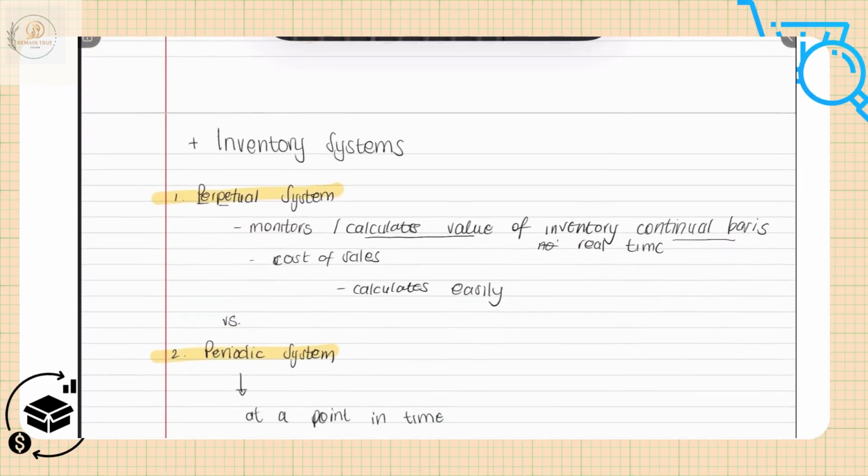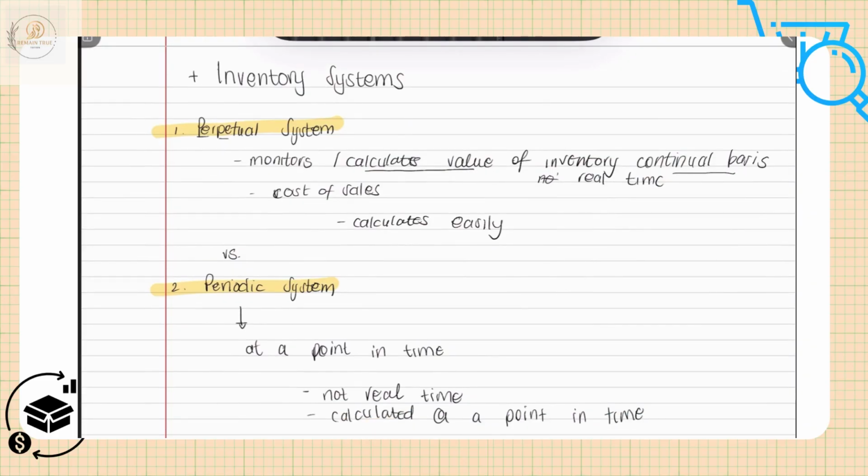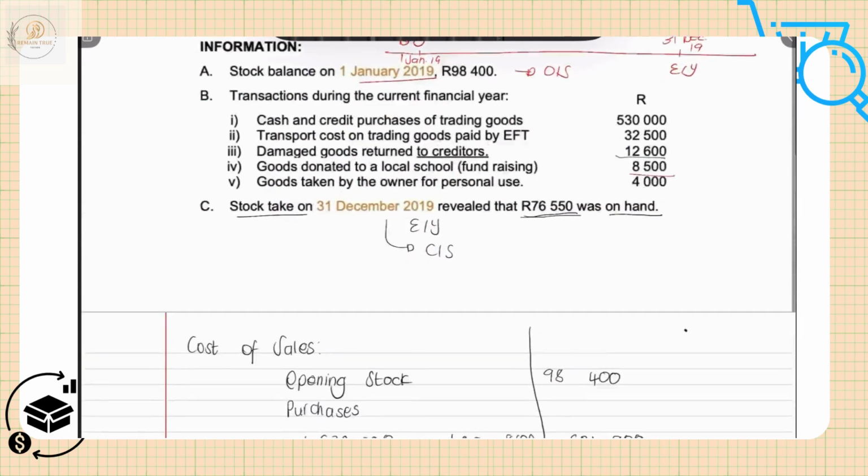But in part 2 of that series, we then introduced two key concepts, which are perpetual and periodic systems. We're just going to go a little further from what we spoke about last time. So I'm going to create a new page and we're going to go into it together. Let's try draw the table.